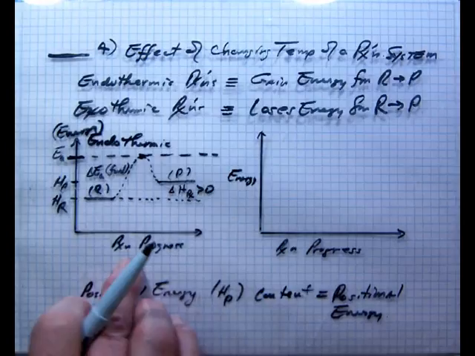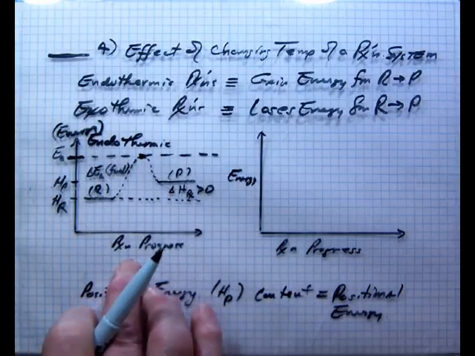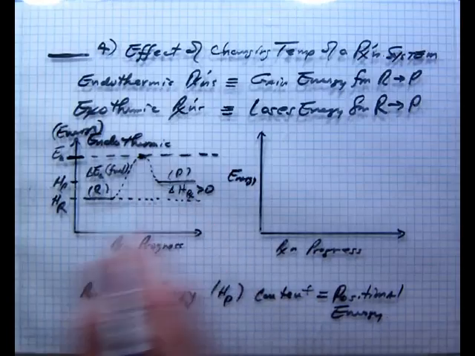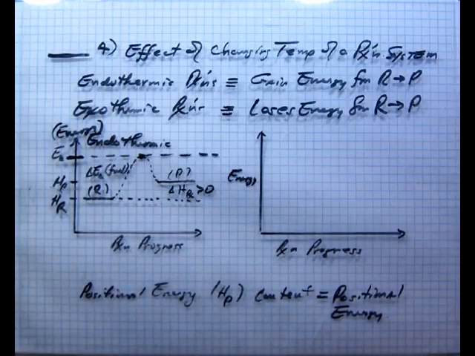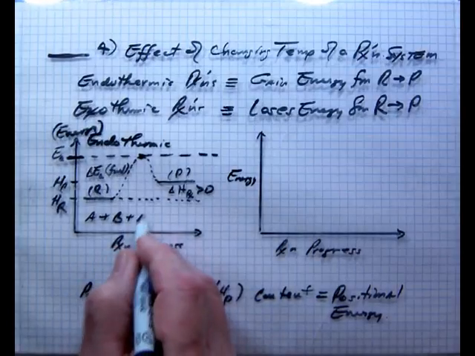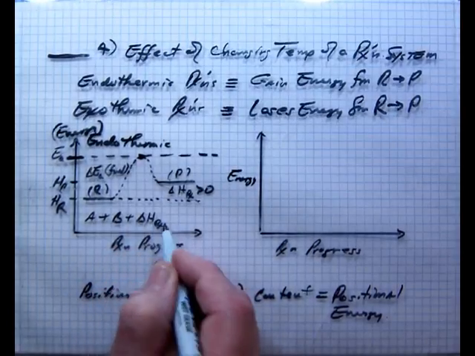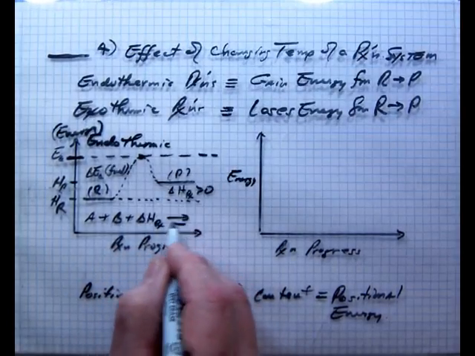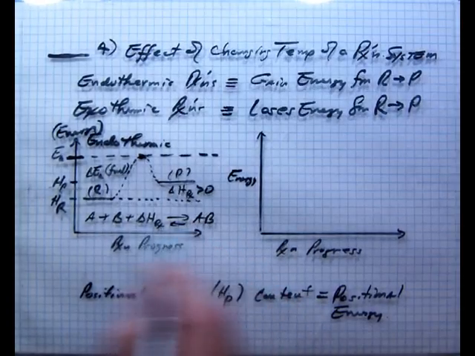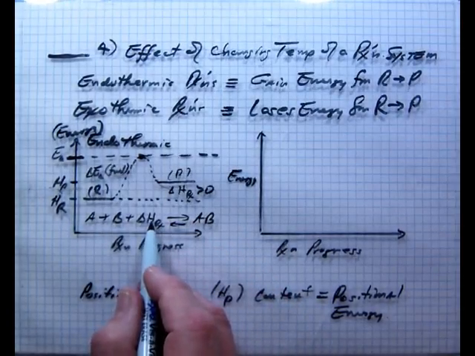When writing a reaction that is endothermic, you place the delta H of that reaction on the reactant side. A plus B plus delta H of reaction goes to AB in this format. So you see a number sitting there.